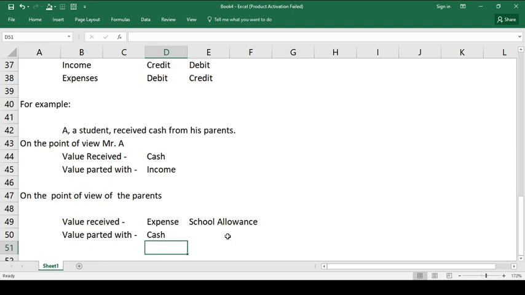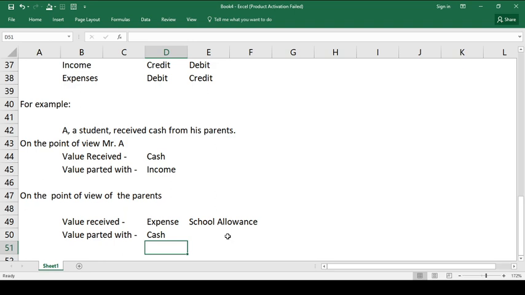That is cash. That is how we are going to analyze, to always determine what is the value received and what is the value parted with on the transaction, depending on the point of view. Dito, I provided two different points of view kasi the transaction, iba yung point of view ni A who received the cash, and iba sa point of view ni parents who provided the cash.